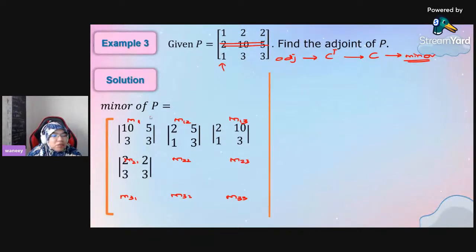So that is M21. And then you delete the second column. So 1, 2, 1, 3. Okay, so now deleting the third column, we are going to get another 1, 2, 1, 3.